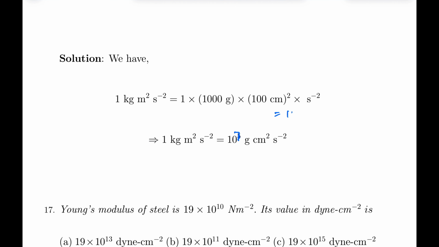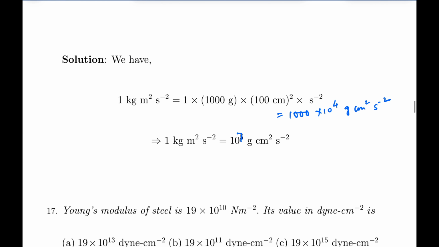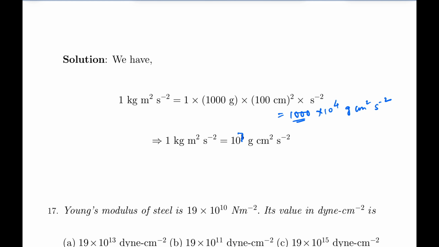So this is 1000 into 10 to the power 4 gram centimeter squared per second squared. So this is 10 to the power 3, this is 10 to the power 4, so this is 10 to the power 7 here. So 1 kilogram meter squared per second squared is equal to 10 to the power 7 gram centimeter squared per second squared. Okay.